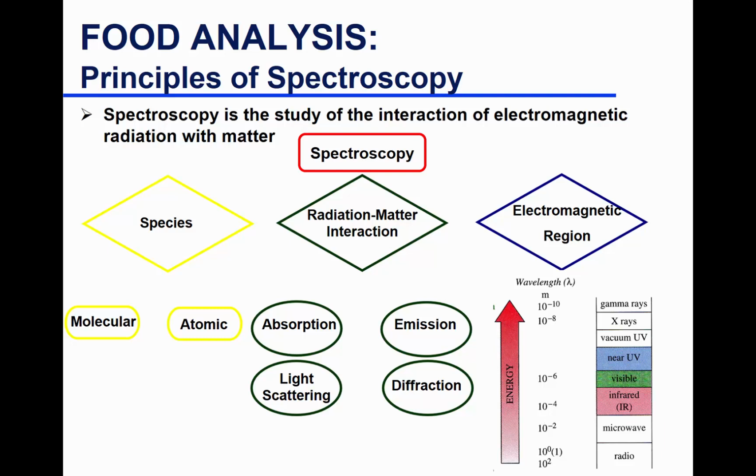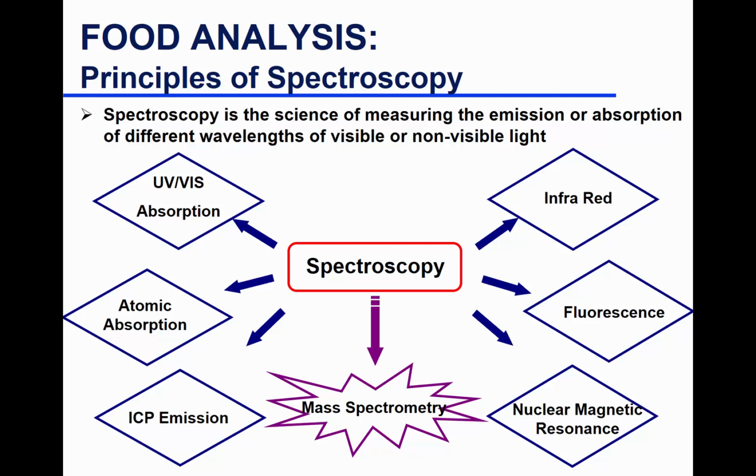So absorption can occur. In food analysis, infrared, visible, and UV are the most important regions in analysis. Spectroscopy generates spectra, generates data that we can use to detect, to quantitate, etc. So we have UV-vis absorption.